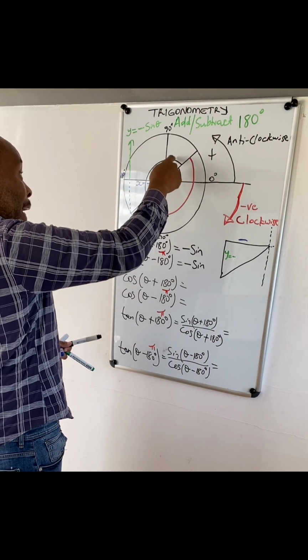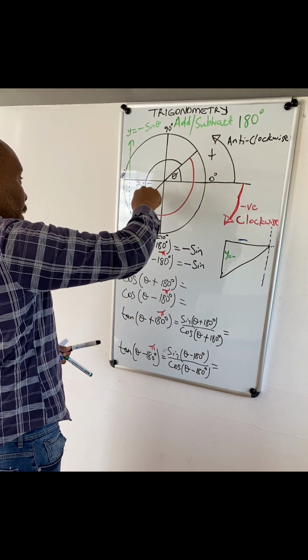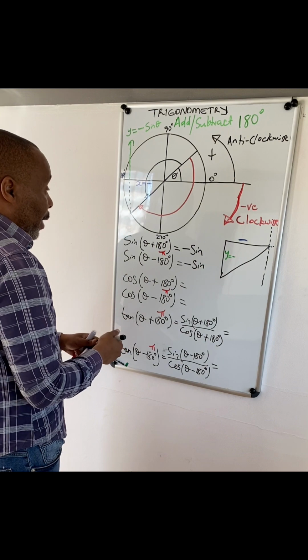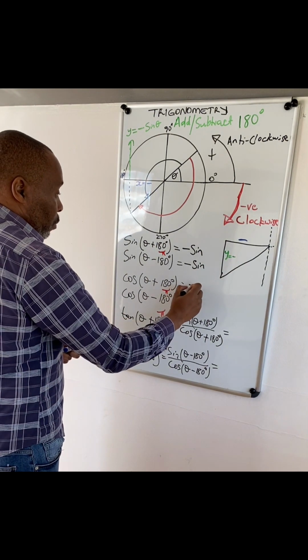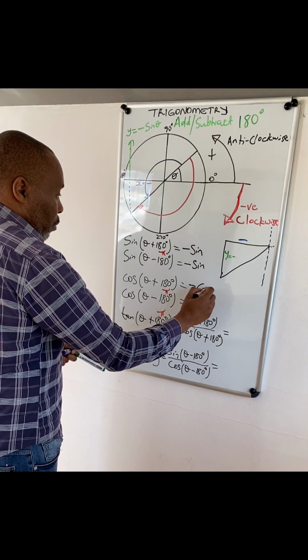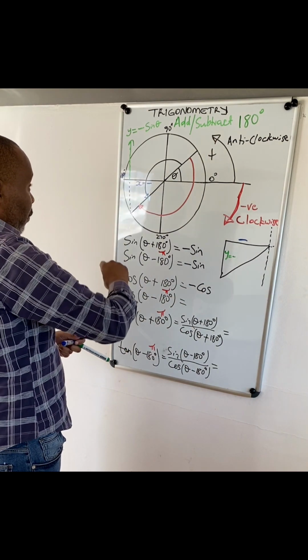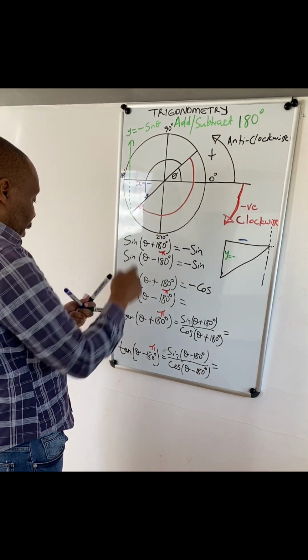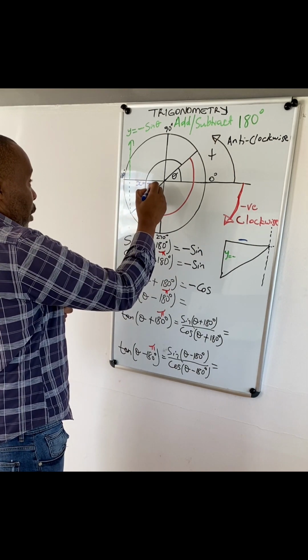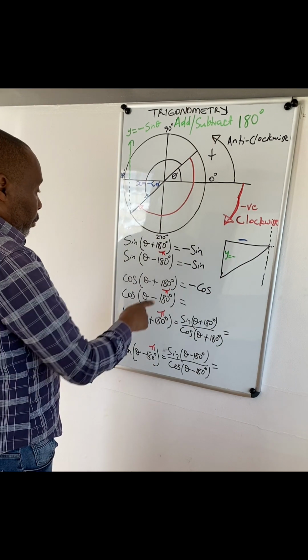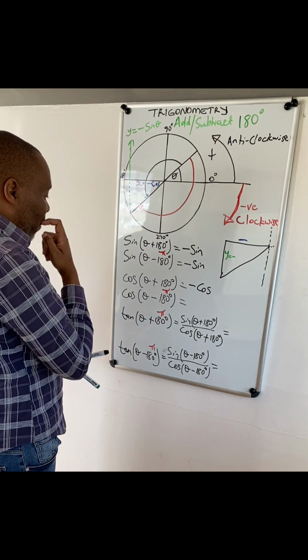So it's the adding part, it gives us what? A negative cos. We were adding, it took us to a negative cos. X value, which is negative, a cos. Remember, x is cos, y is sine. So it took us to a negative cos.